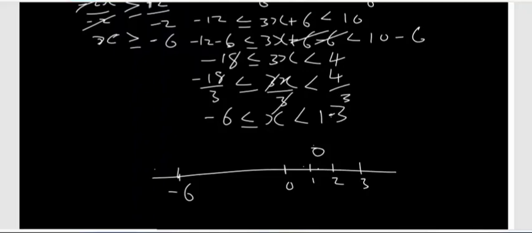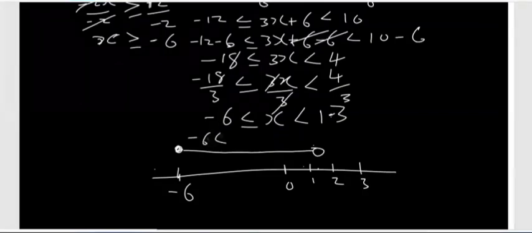Minus 6 is less than or equal to, so this one now is going to be shaded. Then we join the two of them. That is it. This means that minus 6 is less than or equal to x less than 1.3.